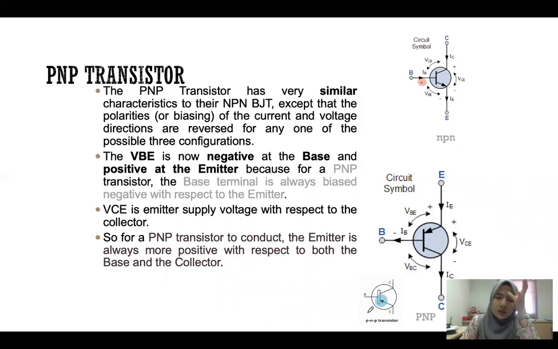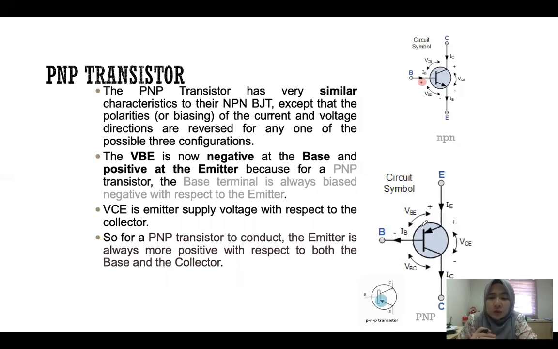The difference is the way we draw the symbol. In this one, the emitter is at the bottom and the collector at the top. However, for this one, we draw the emitter at the top and the collector at the bottom. That's why the arrow is over here.